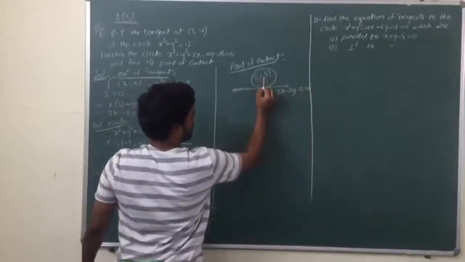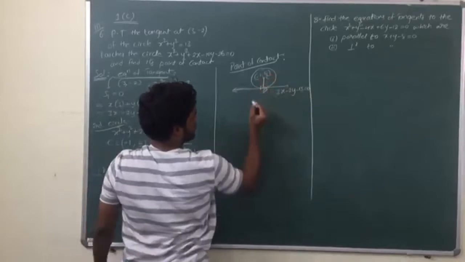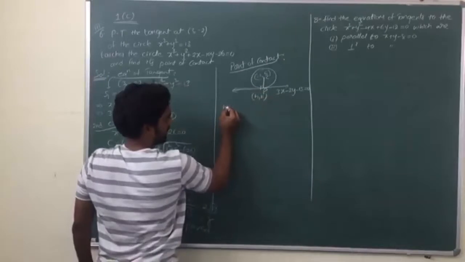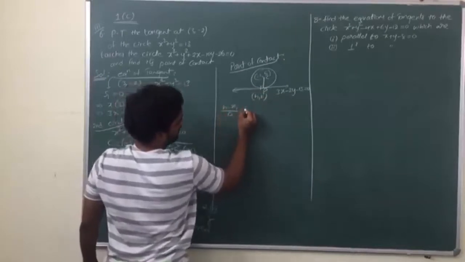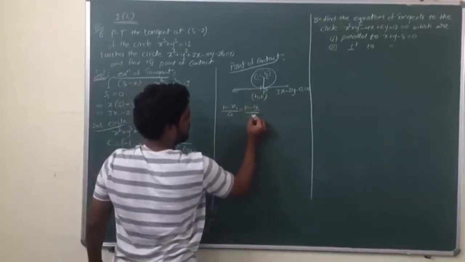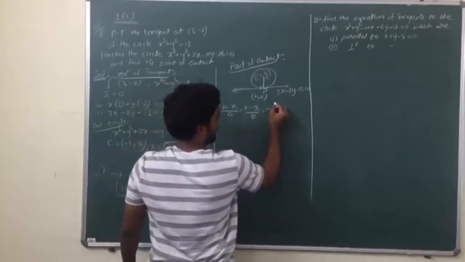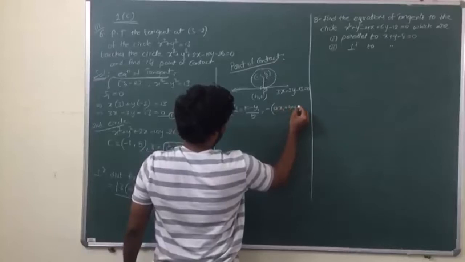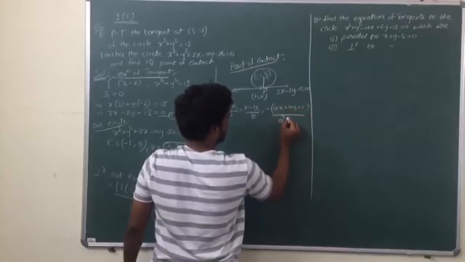Now I have to find point P, which is h comma k, assume. So (h minus x1) by a is equal to (k minus y1) by b is equal to minus of (ax1 plus by1 plus c) by (a square plus b square).